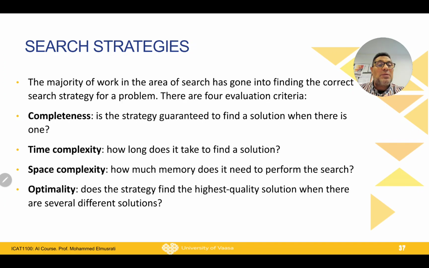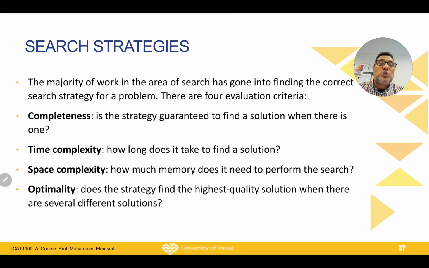Of course, there are some problems that might be quite difficult, where we are not even sure if there is a solution or not. By the way, about this puzzle 8 problem, there are some initial states for which you cannot find a solution. You cannot reach the goal.